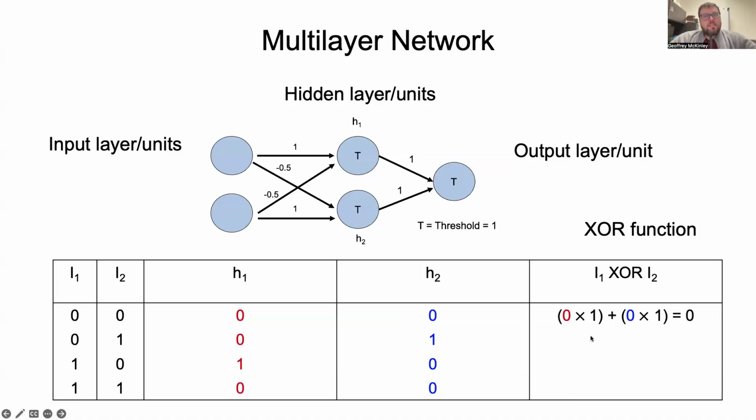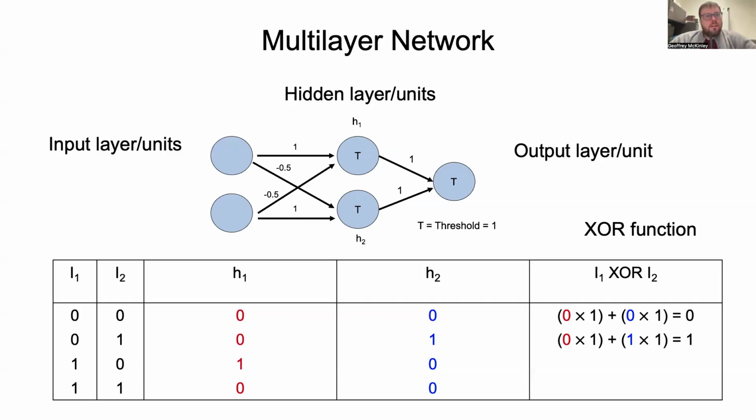So if both the inputs into this output unit are zero, so zero times one plus zero times one, the output is zero, or the input, I guess. I get input and output a little mixed up, but in this case the input and the output are going to be the same thing, is my point.